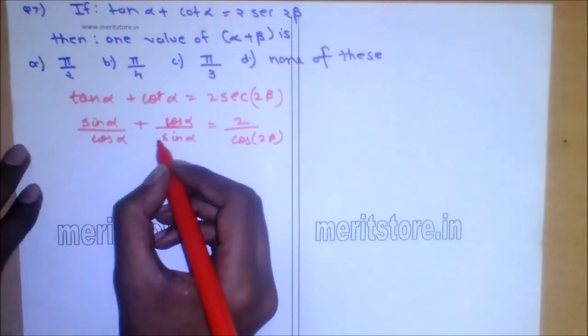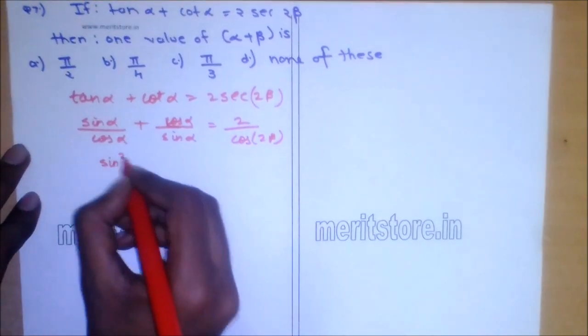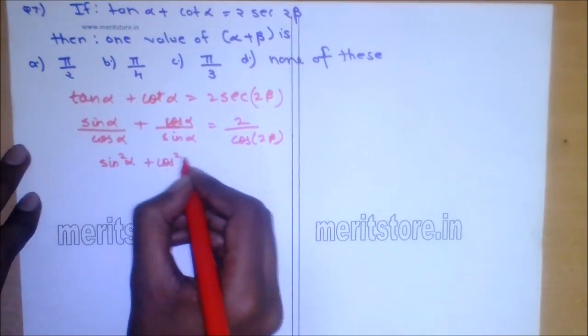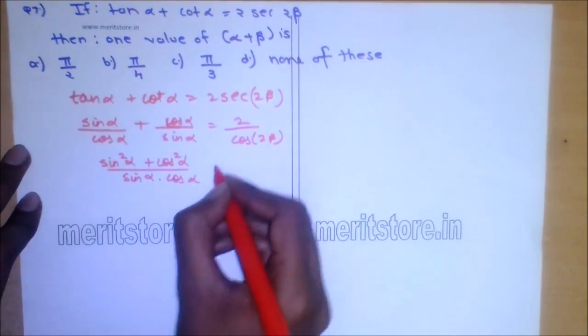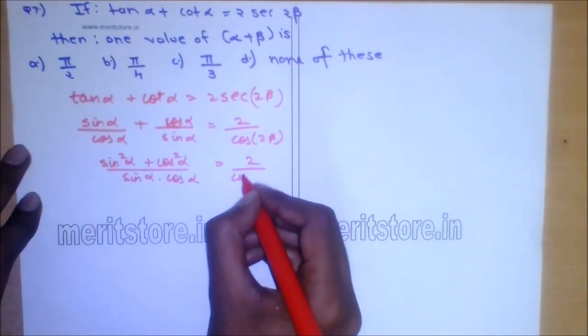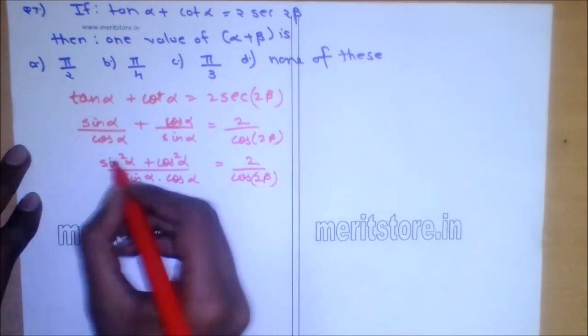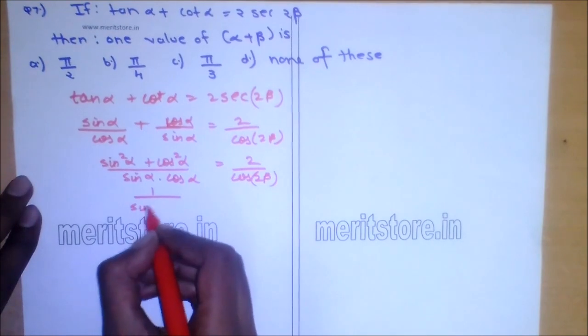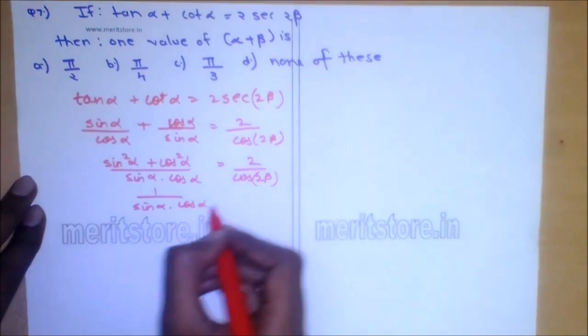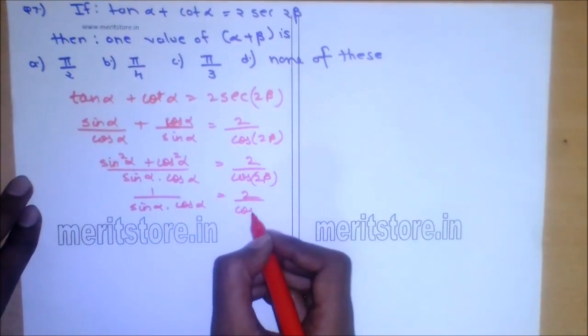We cross multiply these terms. We get sin square alpha plus cos square alpha upon sin alpha cos alpha equals 2 upon cos 2 beta. Sin square alpha plus cos square alpha is 1. So we get 1 upon sin alpha cos alpha equals 2 upon cos 2 beta.